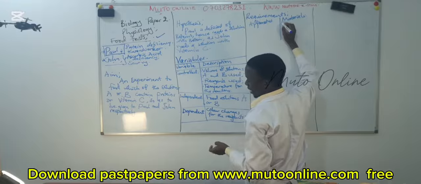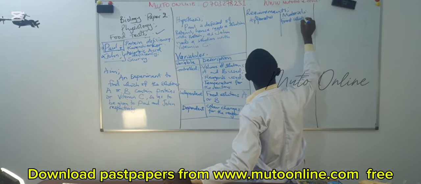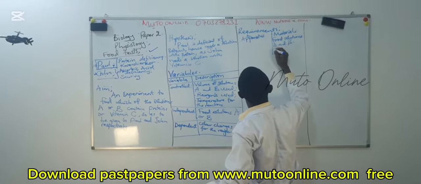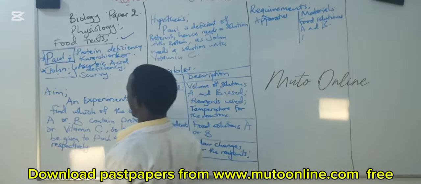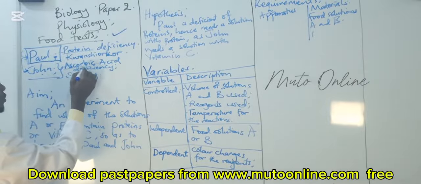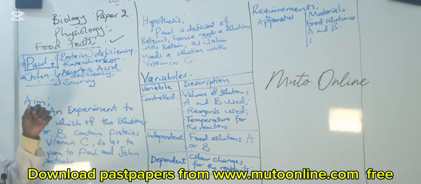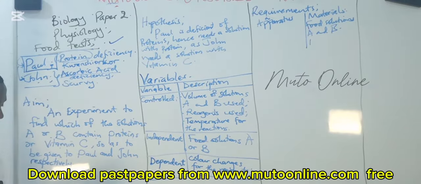The materials we need: the food solutions A and B. Which reagents do we need to test for proteins? Because we are going to test for these two, ascorbic acid and proteins, because they are the ones that are in line with the scenario.